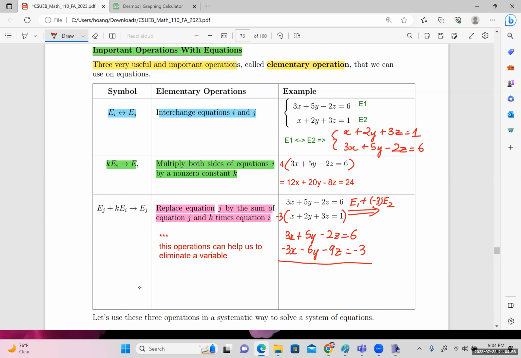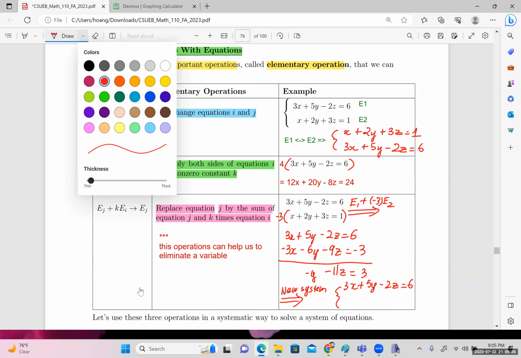So now you adding those together, you will have 0x minus y minus 11z equal to 3. Right? So as you see now, you have new equations, and that will make a new system as equation 1 stay as 3x plus 5y minus 2z equal to 6.